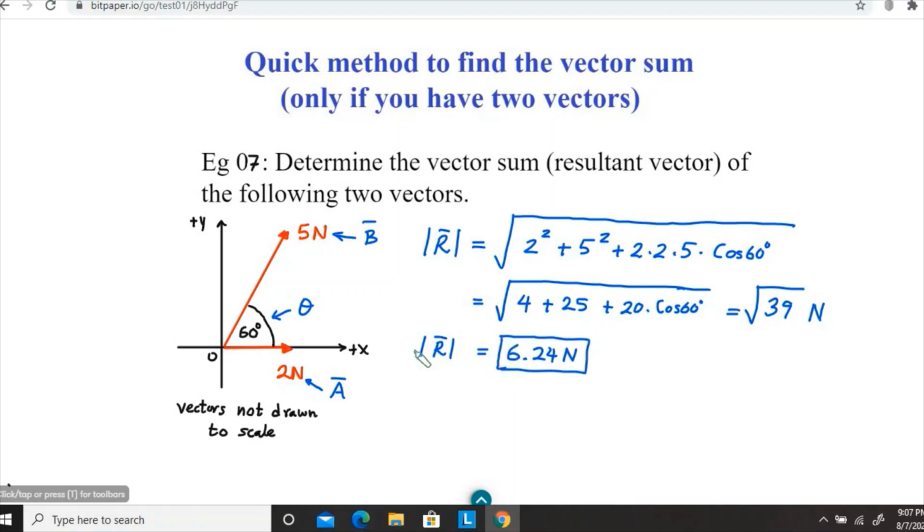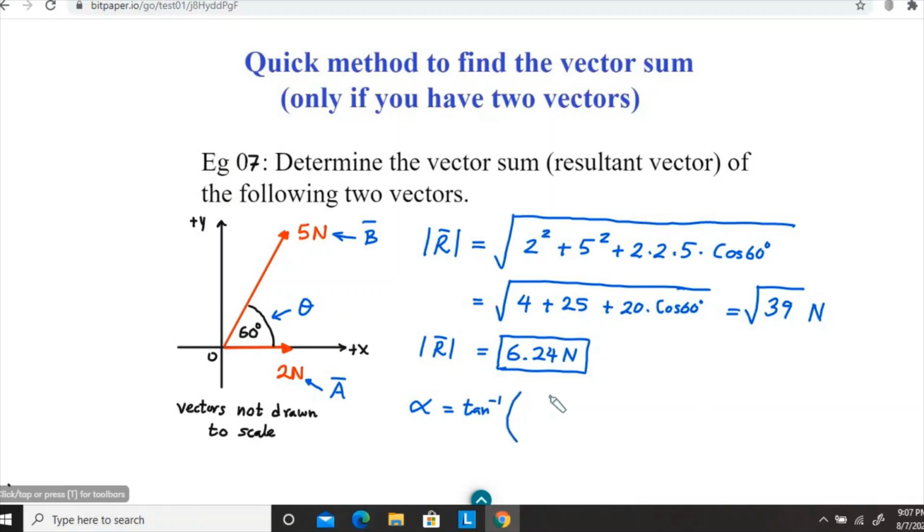Now I'm going to find alpha, the angle the resultant makes with the 2 Newton vector. However, in this case, it is also the angle the resultant makes with the x-axis, because the 2 newtons is along the x-axis. So alpha is equal to tangent inverse.